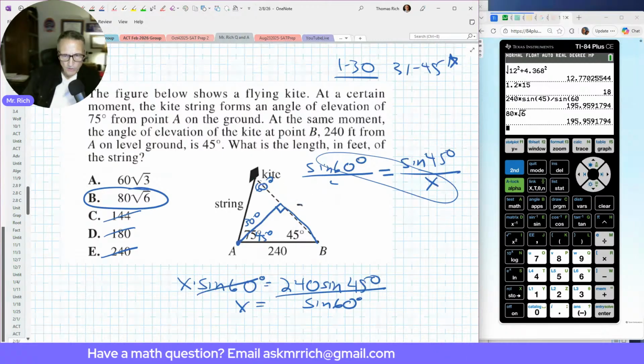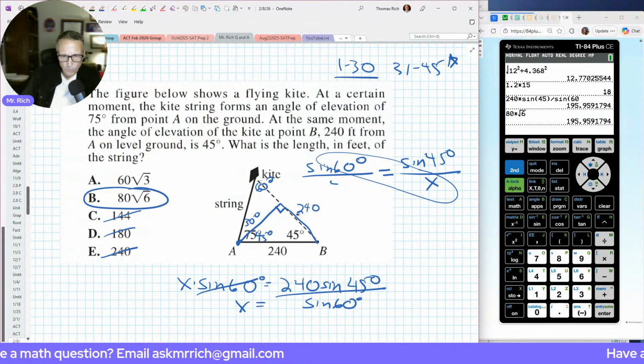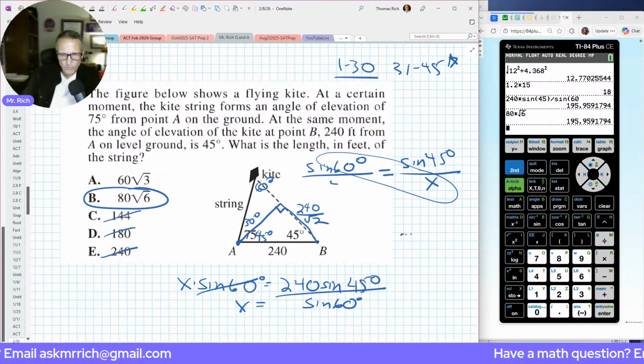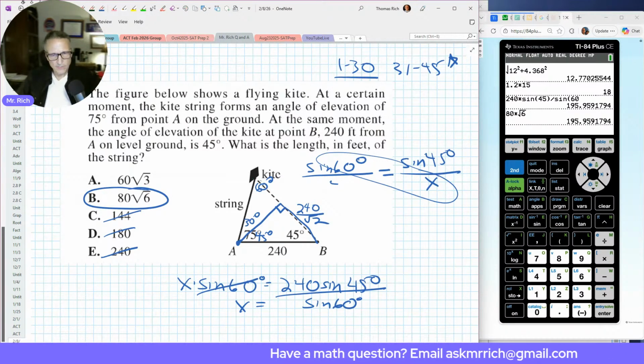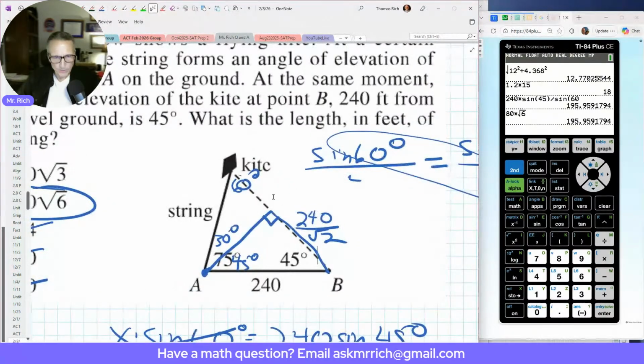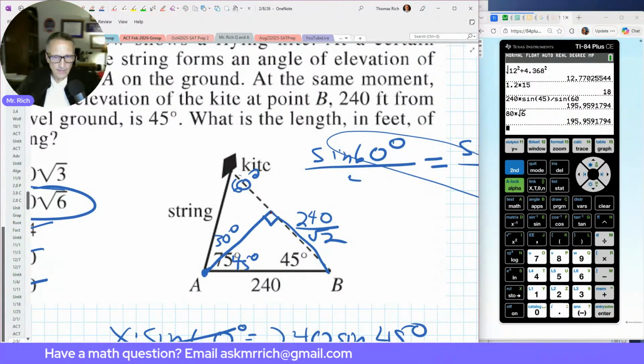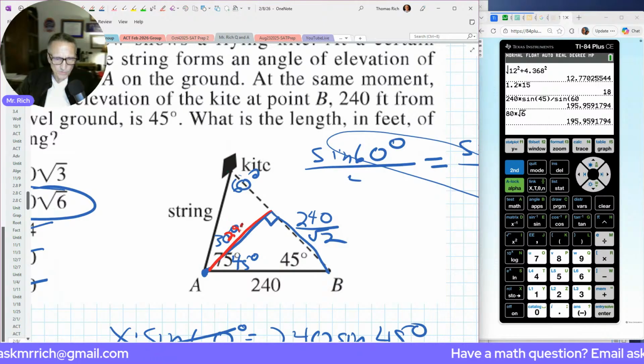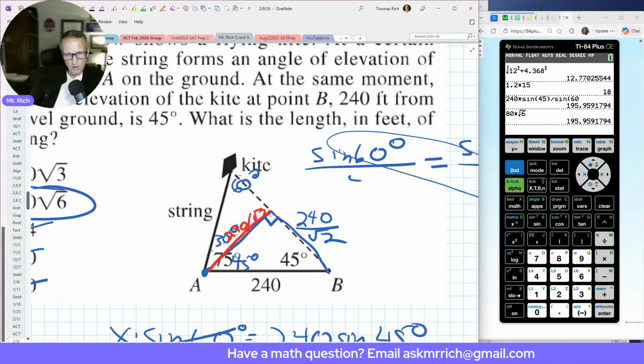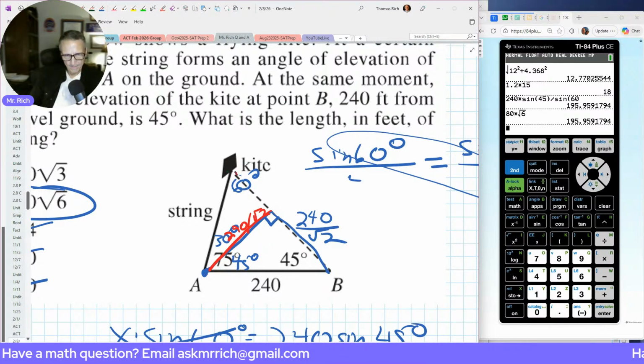So what are the legs? The legs are going to be 240 divided by the square root of 2 by special right triangles. So this side, I'm going to zoom in just a tad bit more here, that means that this right here is 240 divided by the square root of 2. Now that is the long leg of a 30, 60, 90. That means that I could get this short leg by dividing by the square root of 3.